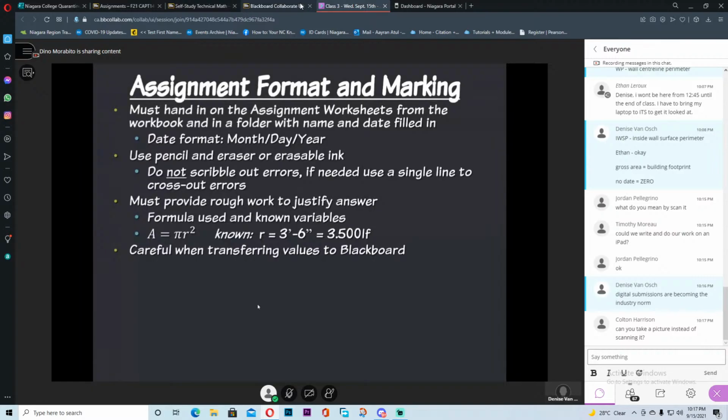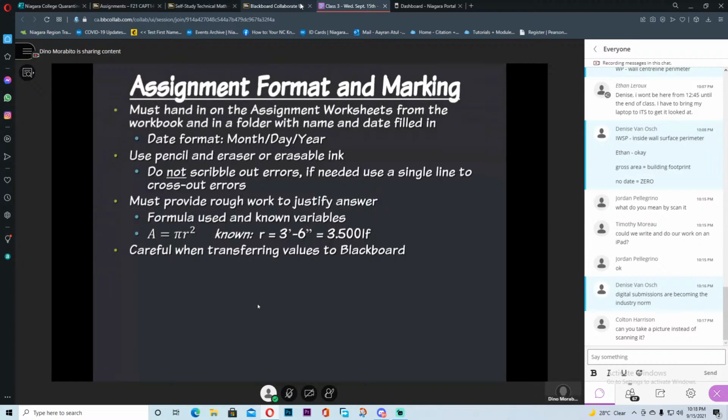Dino, can we address one of the questions about whether we can use the iPad to do the work? So he's going to be using the electronic format instead of pencil and paper to complete the rough work. I would say yes, you can.